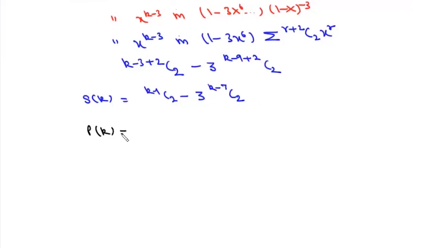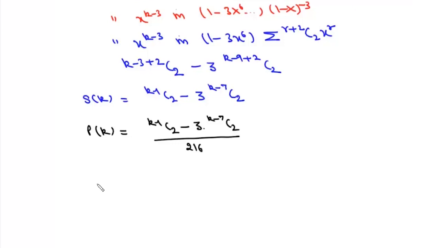So this probability will be given by k minus 1 C2 minus 3 into k minus 7 C2 divided by total choices, and that will be 6 into 6 into 6, and that is 216.